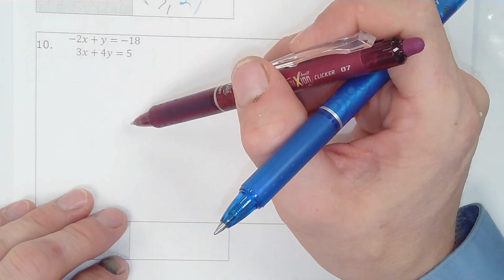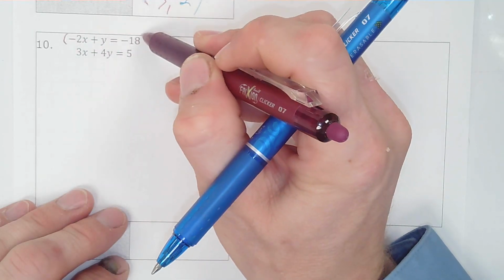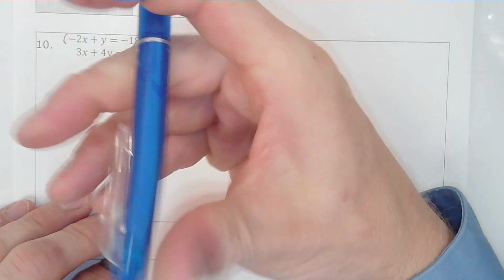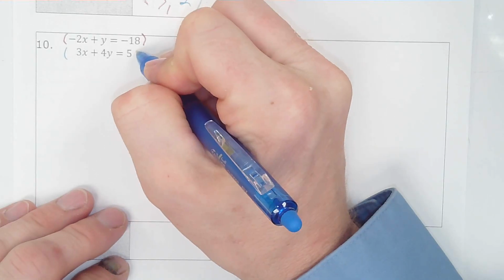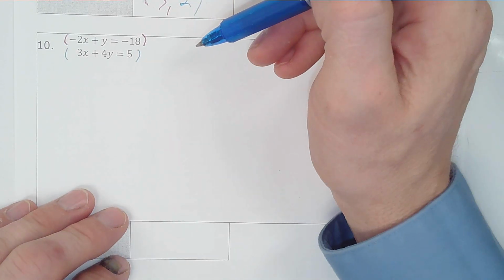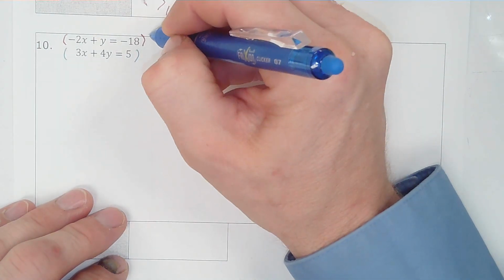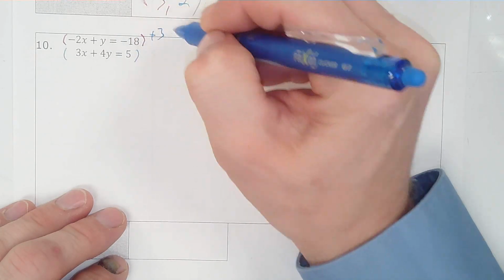One's negative, one's positive. Well, since I've got one negative, one positive, I'm going to elect to multiply both of them so that they equal, how about 6, or negative 6. All right, so I'm going to multiply this one by 3.